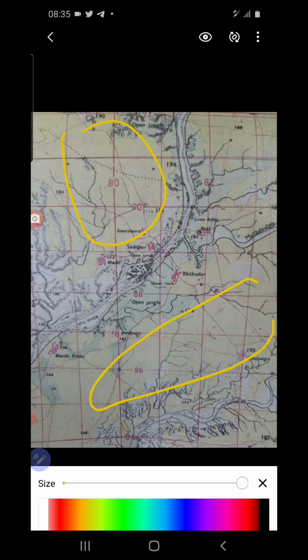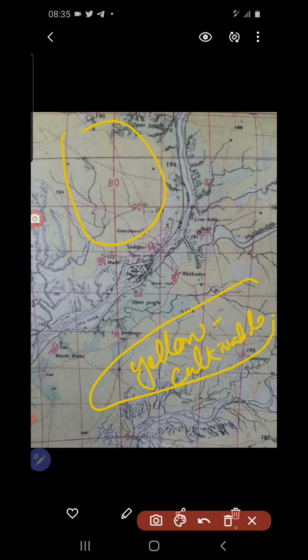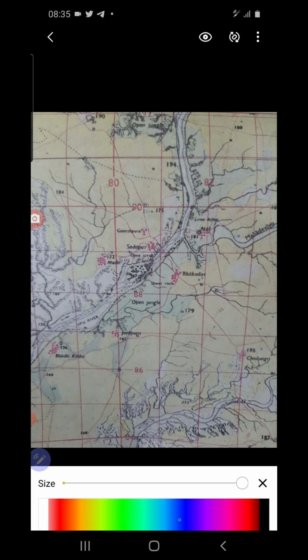So yellow color always shows the cultivable land. Now you can find some red color here. Red color shows settlement. You can see settlement here. These are the buildings or where people stay.